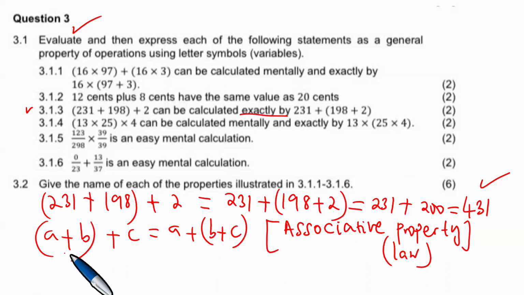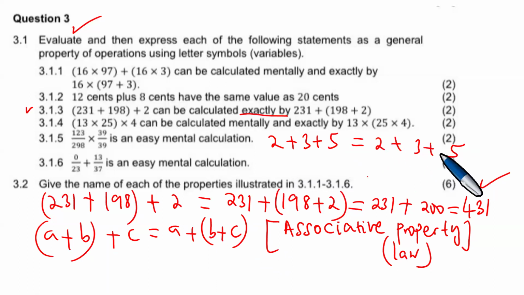If we have three numbers that we're adding together, somebody gives us 2 plus 3 plus 5. We can put some brackets around the 2 and 3. You see, it is 2, 3, 5. We're adding them together. We agree that 2 plus 3 is 5, and 5 plus 5 is 10.